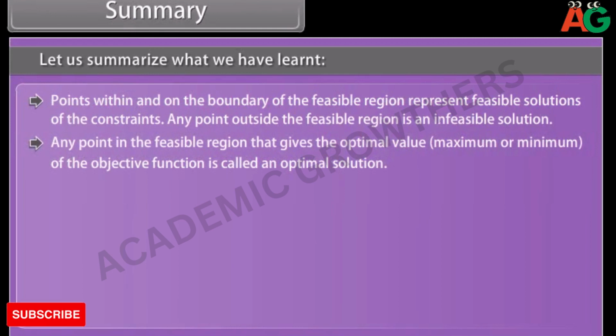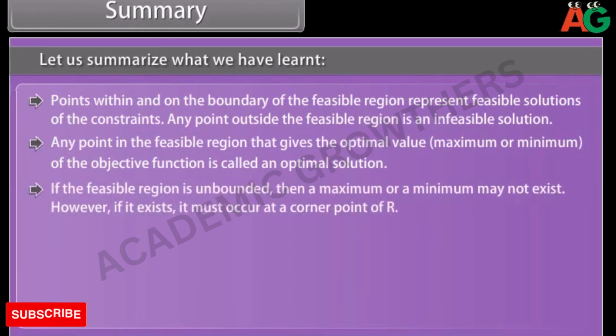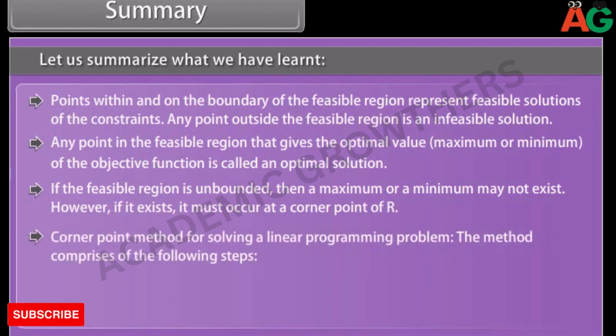Any point in the feasible region that gives the optimal value, maximum or minimum, of the objective function is called an optimal solution. If the feasible region is unbounded, then a maximum or a minimum may not exist. However, if it exists, it must occur at a corner point of R. Corner point method for solving a linear programming problem.